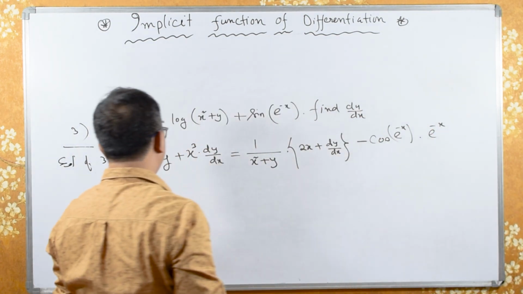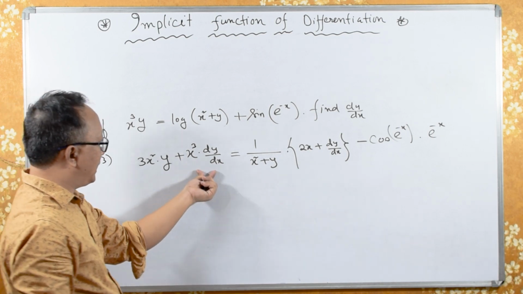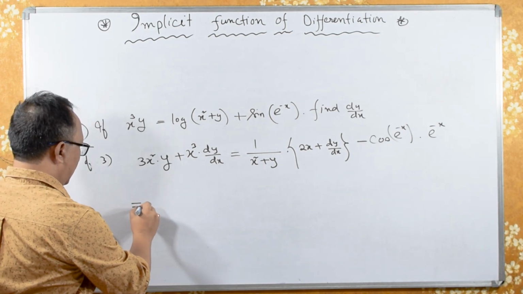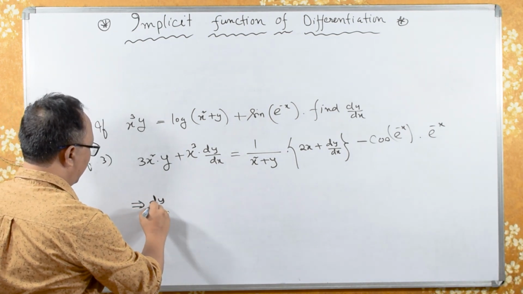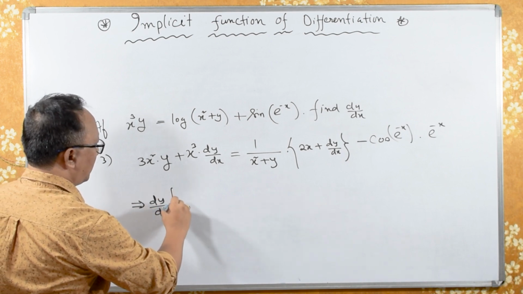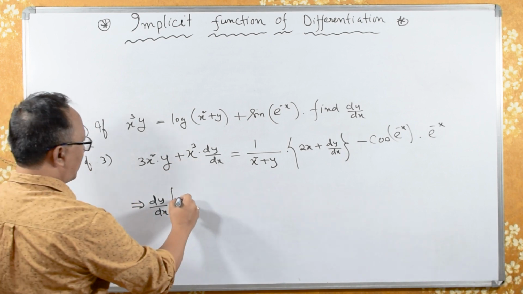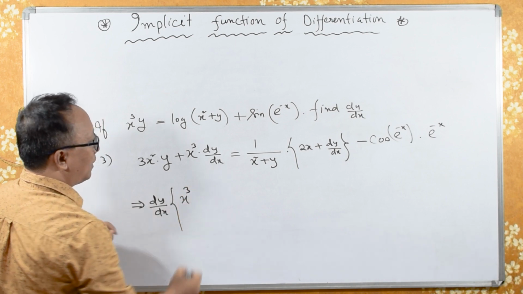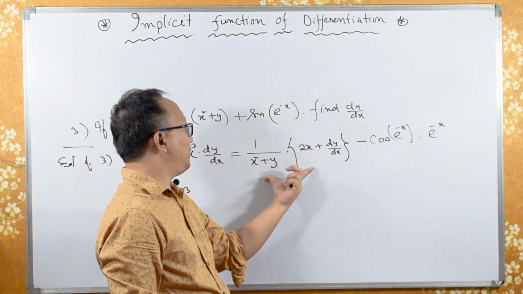Now collect those terms which have dy by dx. Here I am taking dy by dx common. Here we have one term, we have x cube, and here we have one term, so you have to multiply over here.